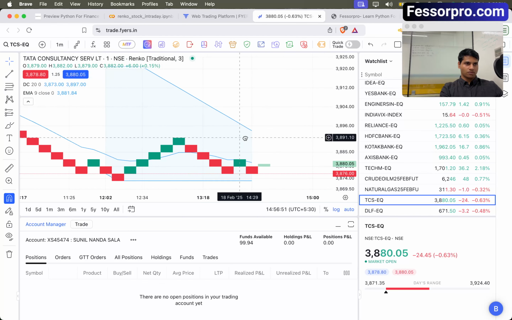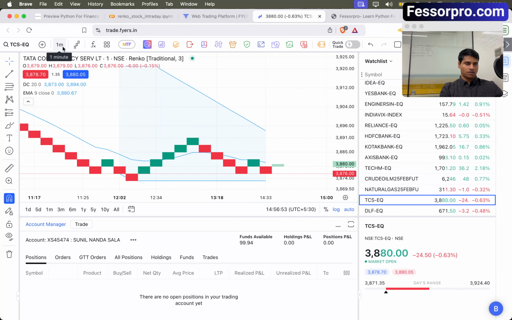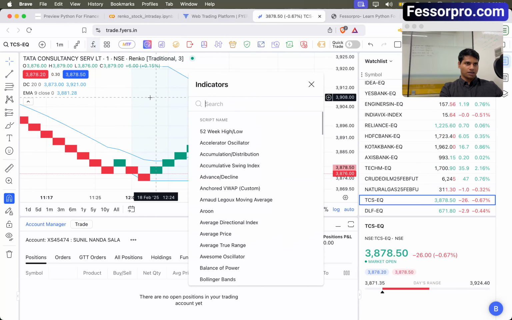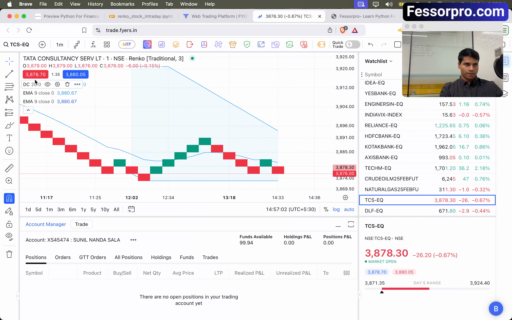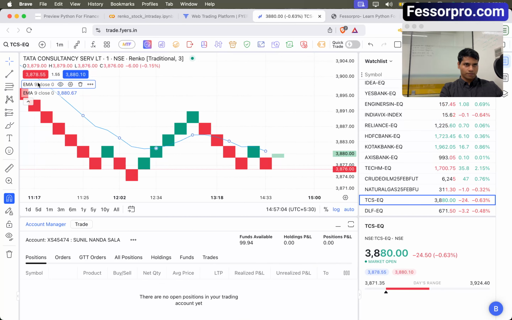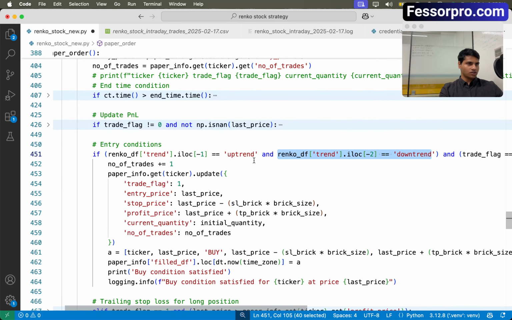I'll click on auto. I'll just add an EMA indicator. So you can see when my brick breaches the EMA, this is my short condition. Here my short condition is satisfied, and here my long condition is satisfied. So this is what we are doing.